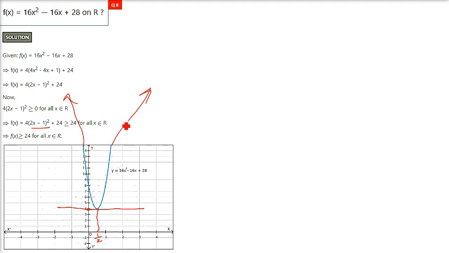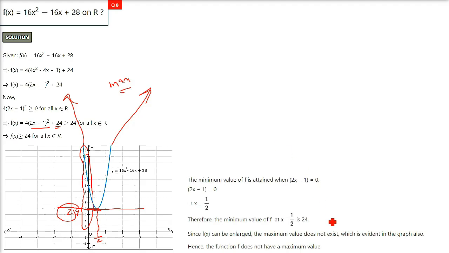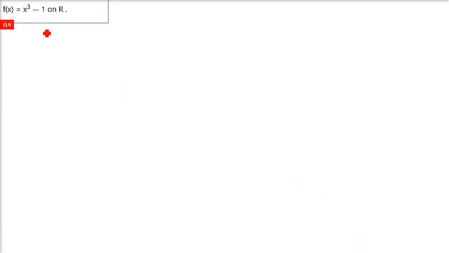So x should be half, I am pointing it here, and on the y-axis, it has to be 24. So these intervals need to be changed. But the idea is all about x equals half, you will get y equals 24, and this function is going to be above 24. So 24 is the lower limit, okay? This minimum we know, and maximum we don't know, because it can go beyond whichever point. I can extend the line, or the curve basically, whichever way I want.